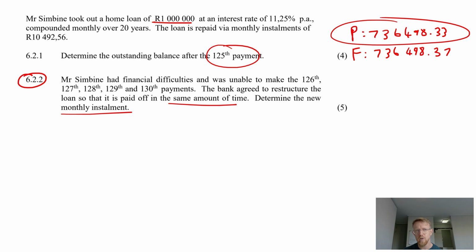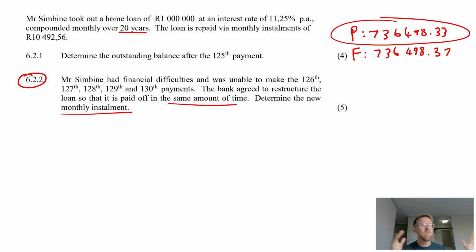Brilliant question, because this is very realistic as to what can happen in your own life one day, and I want to explain how the banks do it and how it works. So what happens is the following, guys. When Mr. Simbine went and got the original loan from the bank, how long was the loan going to be paid off over? In 20 years, right? So the bank doesn't normally want to change that.